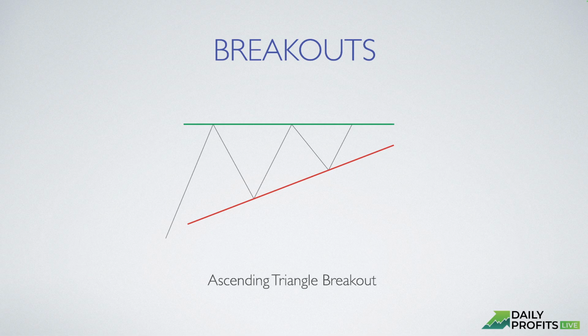And so all of these patterns break out in a certain direction, or they tend to. It's not 100%, but they tend to break out in a certain direction. So the ascending triangle breakout, which direction do you think these tend to break out?